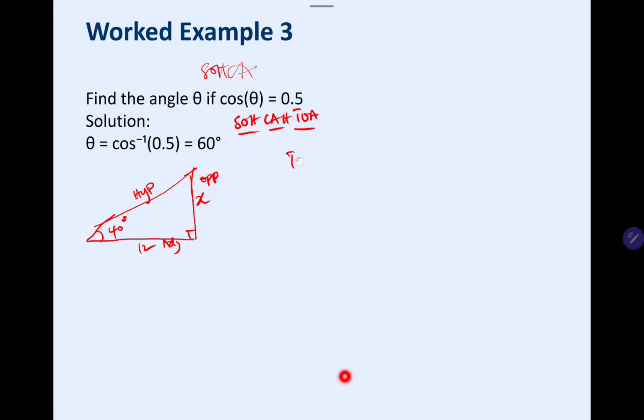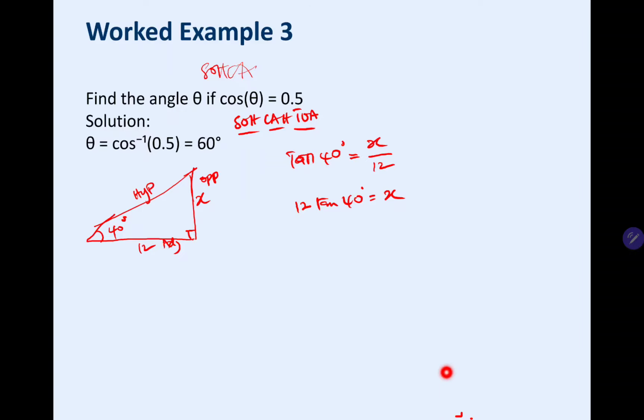So we could say tan 40 degrees is equal to opposite over adjacent, opposite x over the adjacent side, which is 12. Okay, so to get x now, we multiply both sides by 12, which will now be 12 tan 40 degrees is equal to x.